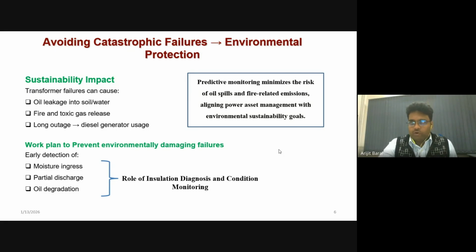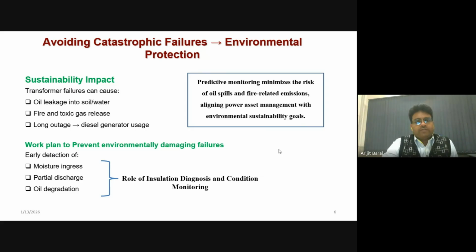If due to some fault this temperature is reached, then the oil fumes spontaneously catch fire and it essentially explodes. There are many videos available in the public social domain, so you can search them. If a transformer, particularly an oil filled transformer, catches fire, it is a very serious issue. So this will create toxic gases and fire hazard.